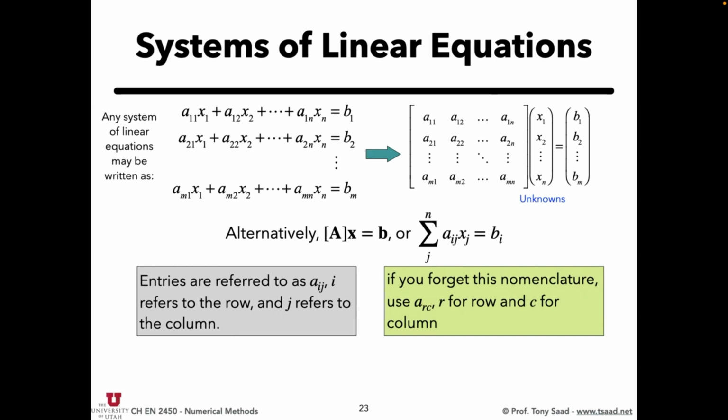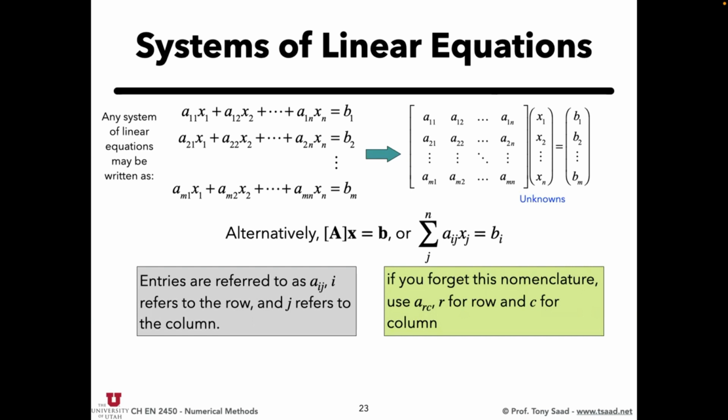But I never got around to understanding this aij. It's annoying, so I call it ARC, a row column. All right. So if you like that, great. If you stick with aij, also great. But now you know how to find your way around the matrix with this indexing notation.